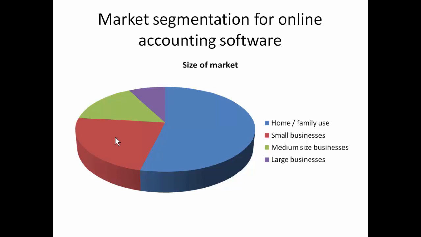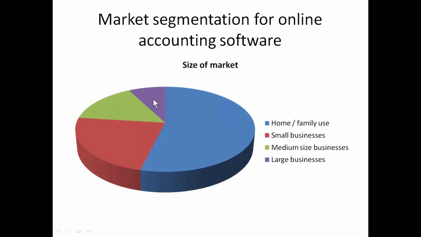Here is an example of how an online accounting software company segmented their market, and they decided that that would be the key criteria for their segmentation, whether or not people use their products just at home and for family use, like accounting software, or maybe it's for small businesses, or for medium-sized businesses, or for large businesses.